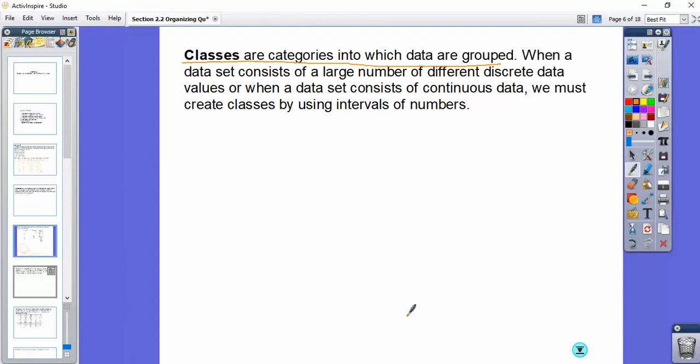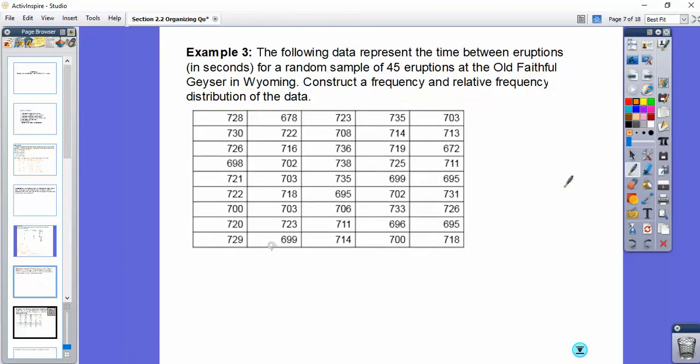Or if you're using continuous data, so if you have decimals coming into play, that would be another situation where you would need to use the classes of data. So I wanted to look at one where we actually had to do that. Remember, you do have all of these printed on your example packet.